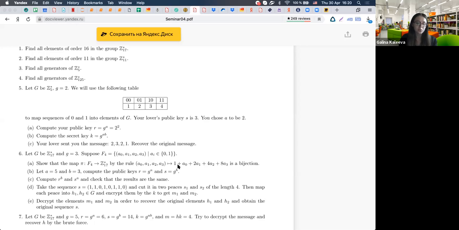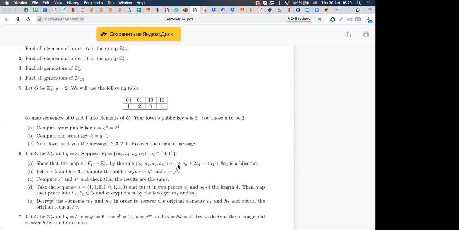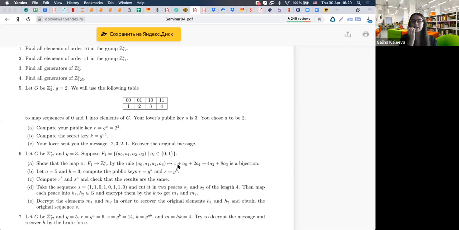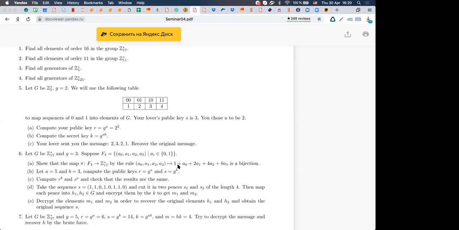So let's show that this is a bijection. This is pretty simple because we just go from base 10 to base 2.